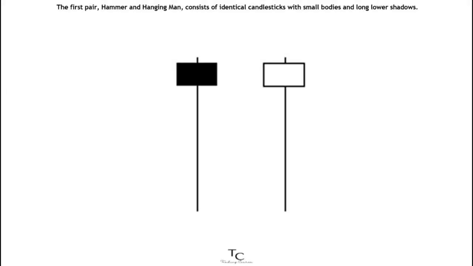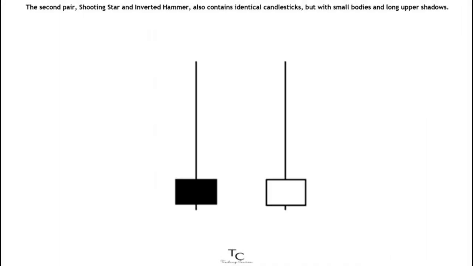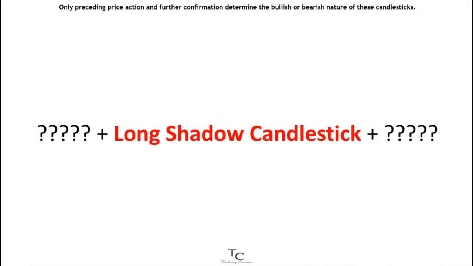The first pair, hammer and hanging man, consists of identical candlesticks with small bodies and long lower shadows. The second pair, shooting star and inverted hammer, also contains identical candlesticks but with small bodies and long upper shadows.